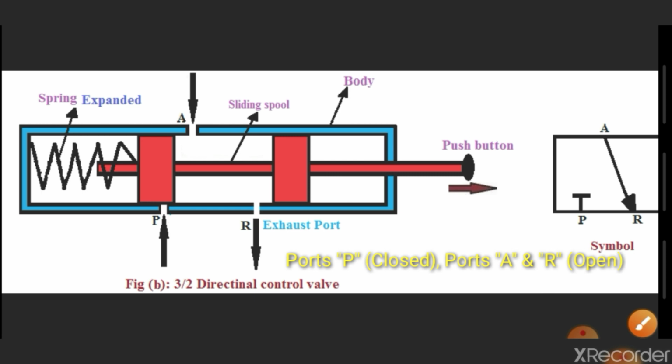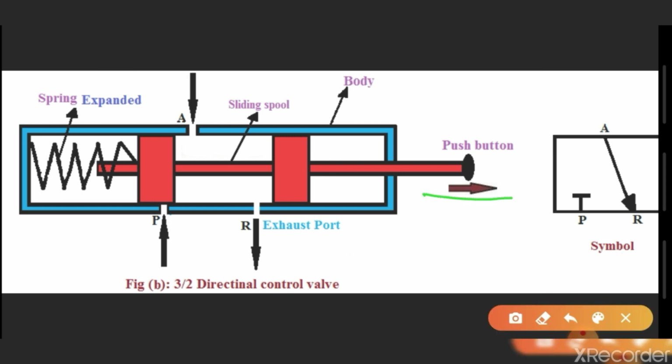So what happens is, when the push button is released, this elastic spring starts expanding and moves this sliding spool towards the right side of the valve. So this sliding spool blocks the port P. When this port P is blocked, automatically the flow of fluid takes place from port A to port R.